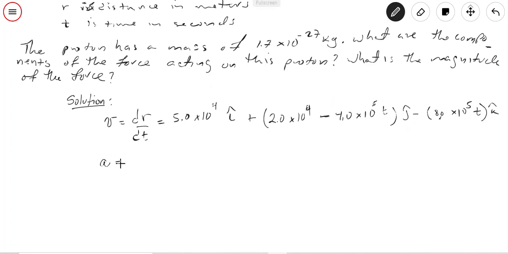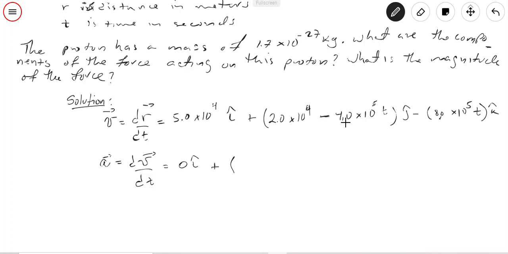So we say that acceleration, and put vectors here, is dv/dt. So the first derivative with respect to time of 4.0 times 10 to the 4 i would be 0 because it's a constant. The first derivative of 2.0 times 10 to the 4 would be 0.